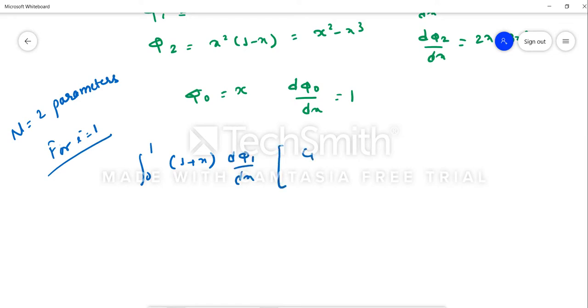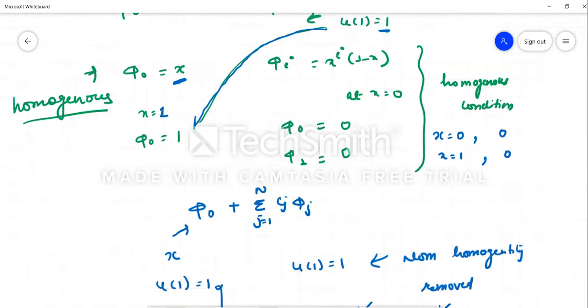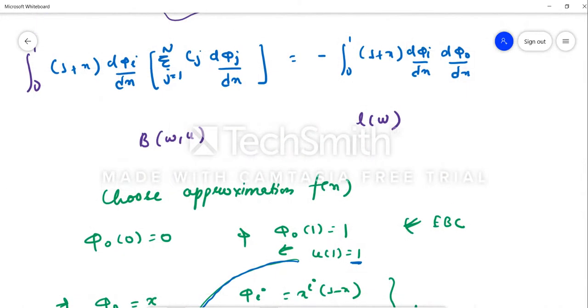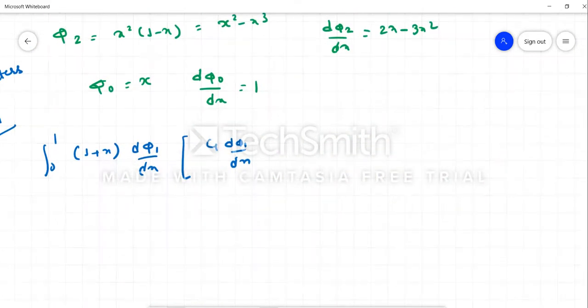We are just putting these things in this equation. Here i equals 1, then c1 d phi 1 over dx, and then c2 d phi 2 over dx.